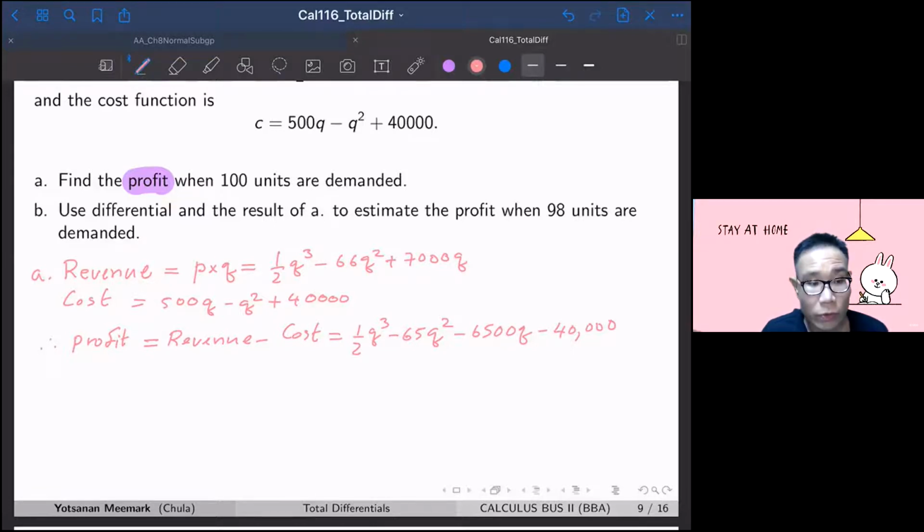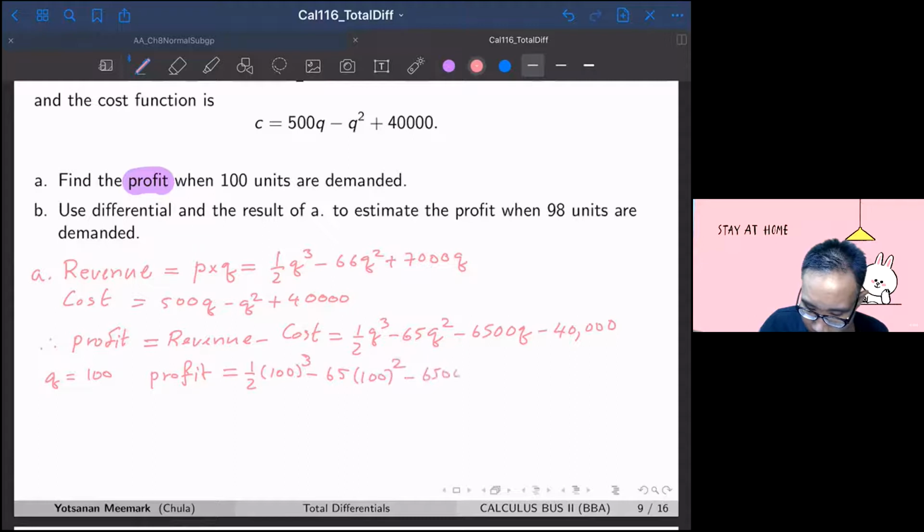And the question asks you to find the profit when 100 units are demanded. So you need the profit at Q equal to 100. The profit equal to 1/2 times 100 to the third minus 65 times 100 squared, and you have 6,500 times 100 minus 40,000.